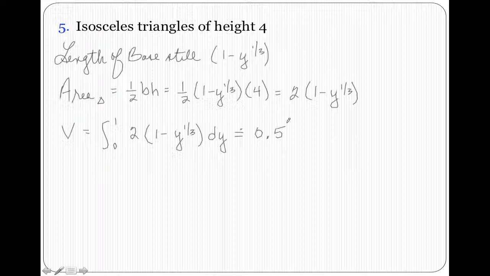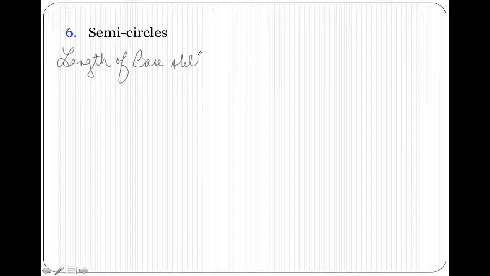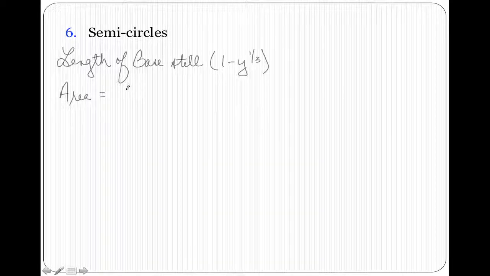Not so bad. So we have one more. Let's consider if our cross sections this time were semicircles. Length of base remains the same. Now we need area of a semicircle. So remember that's going to be 1/2 pi r squared.